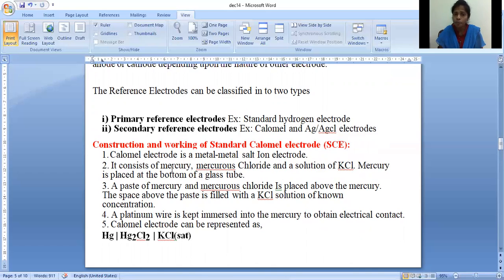It consists of mercury, mercurous chloride, and a solution of potassium chloride. So here the metal is mercury, the metal salt ion is mercurous ion. So it is also called a metal salt ion electrode, and it consists of mercury, mercurous chloride, and the potassium chloride. Mercury is placed at the bottom of a glass tube.